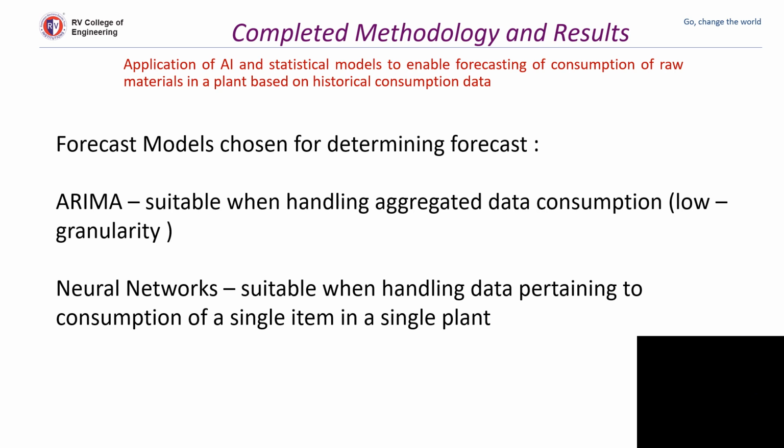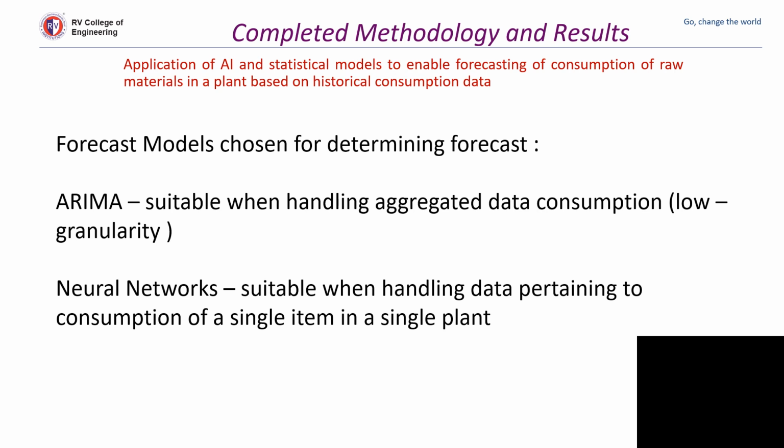So it's a ready-made model in R that checks the data and makes the best model that can forecast from it. ARIMA sets the parameters automatically so as to obtain the best results. And by best results, I mean the lowest RMSE values.